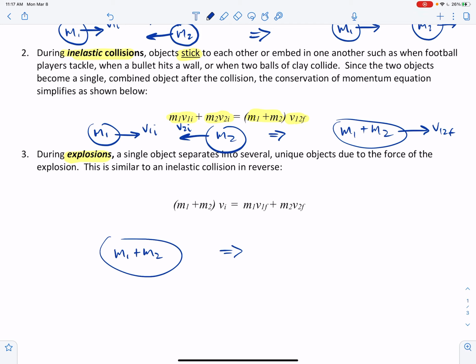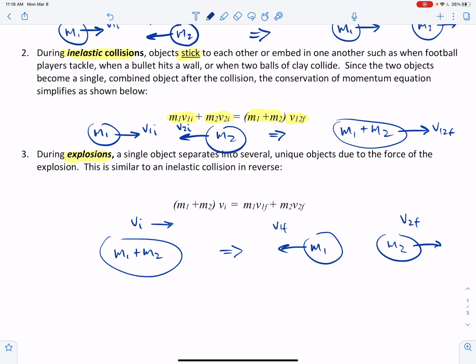It has some initial velocity, v initial, and maybe it's going this way. Then after the explosion, it separates into two pieces, M1 and M2. M1 moves this way, M2 moves this way. M1 has its own final velocity, and M2 has its own final velocity.